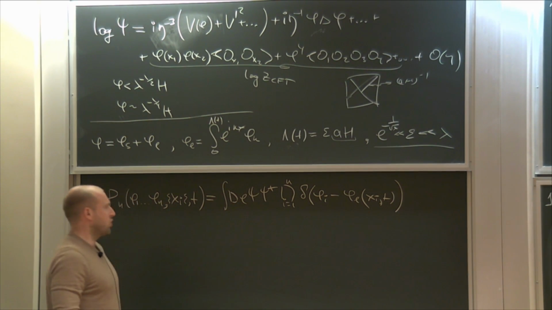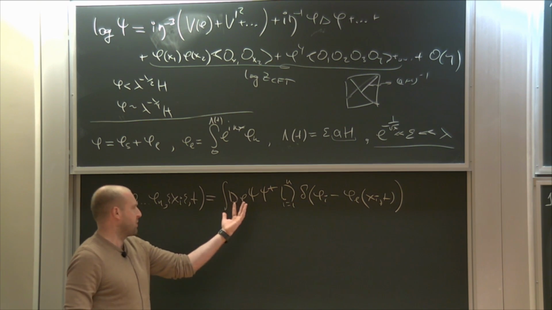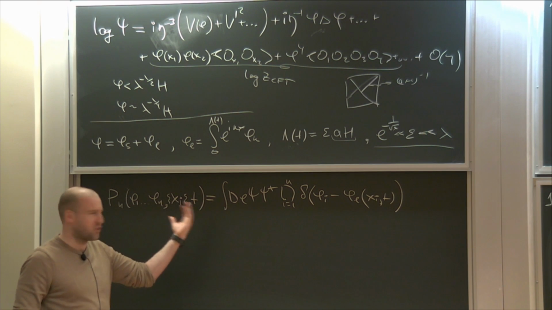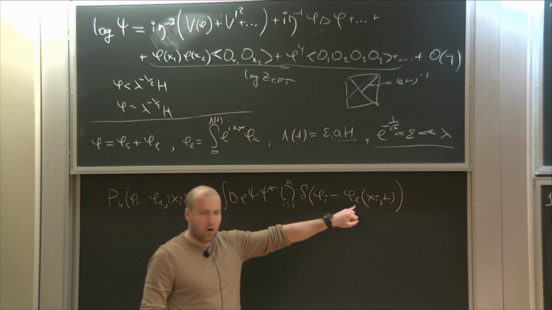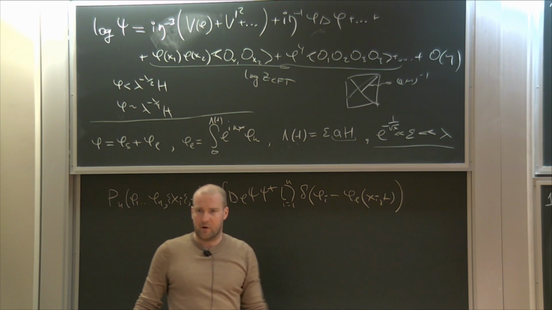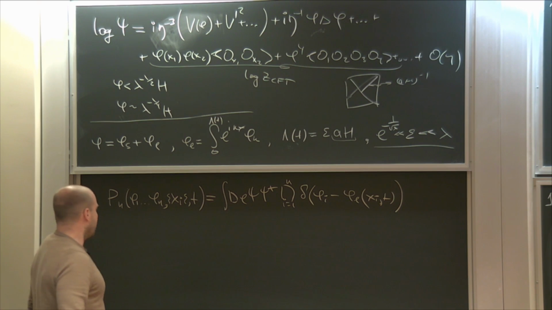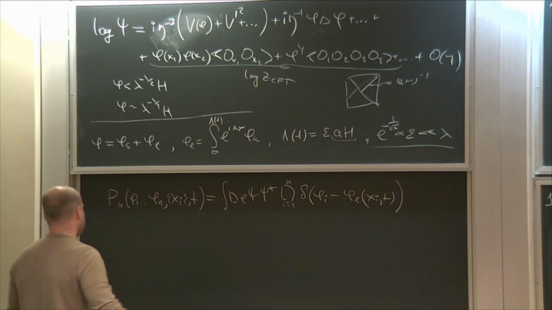If there were no delta functions, I would just be computing 1, which also gives the correct normalization for these objects. They're just normalized to 1. But instead, I fix a finite number of long fields at a priori chosen spatial locations. Good. So this is the end of part 2.